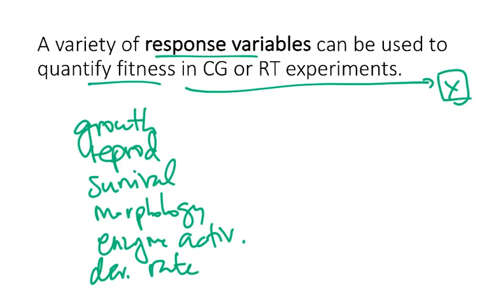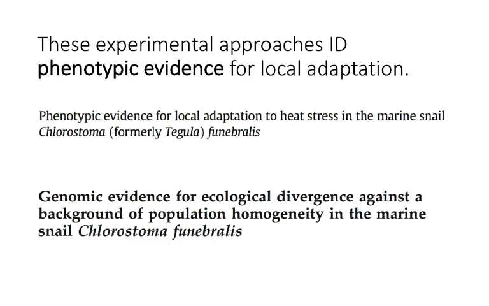All of those are different response variables you could use in a common garden or reciprocal transplant experiment to quantify fitness and see if there are fitness differences between different populations. So again, everything we've talked about so far in this video, these experimental approaches, they're identifying phenotypic evidence for local adaptation. And oftentimes it's a really important first step to figure out if local adaptation is happening at all.